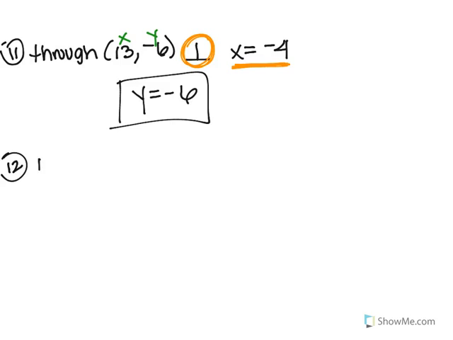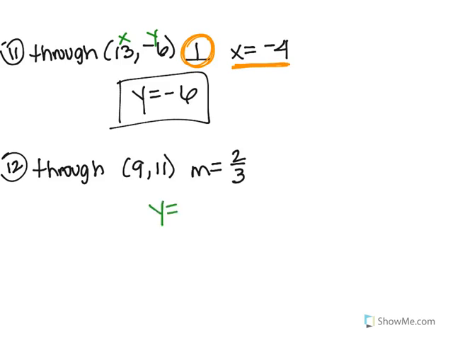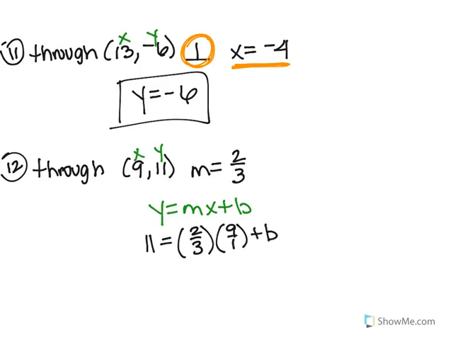And then number 12, you have write the equation of a line that's going to go through the point (9, 11), and you have a slope of 2/3. So this is just strictly straight plug in to find b. So we have y is 11, my m is 2/3, my x is 9 plus b.